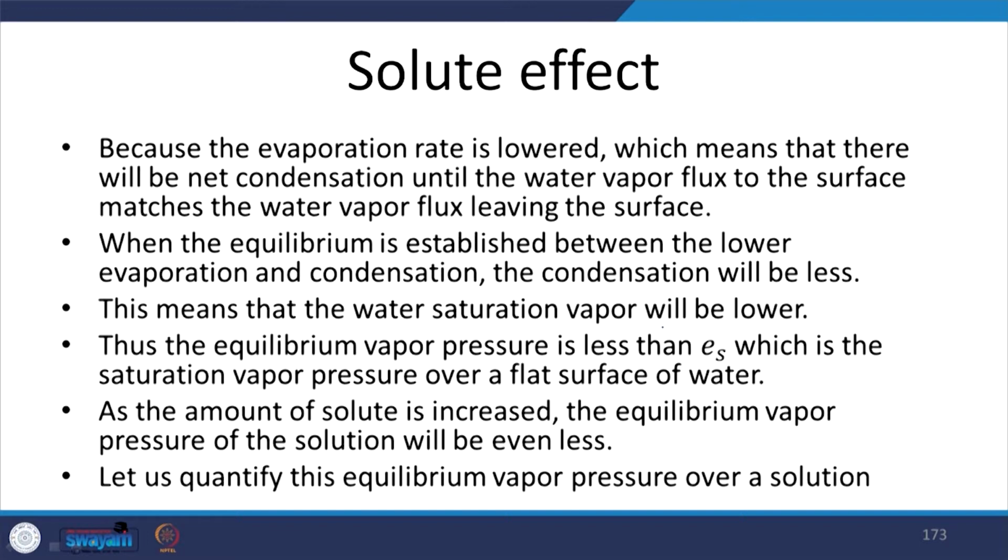So, let us quantify this equilibrium vapor pressure over a solution. Let us see how we can put these effects into a mathematical treatment, and how we can write an expression for the saturation vapor pressure with impurity in terms of the saturation vapor pressure without impurity, right.